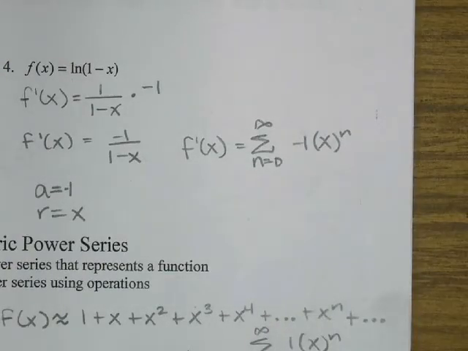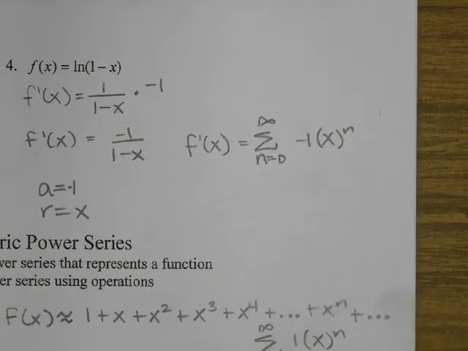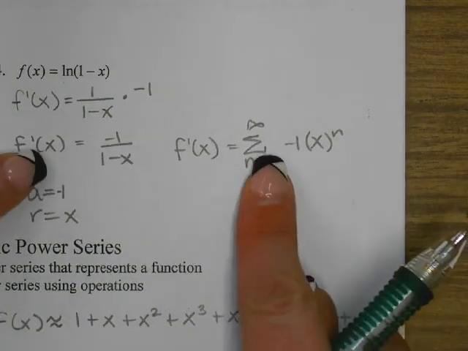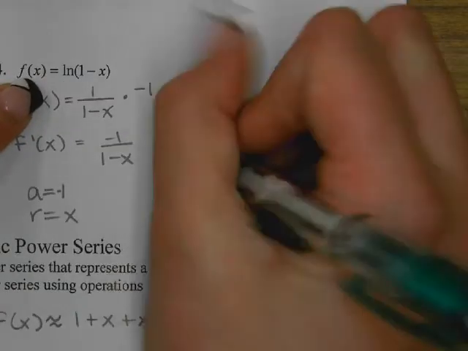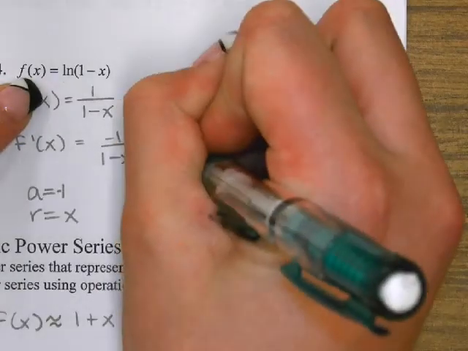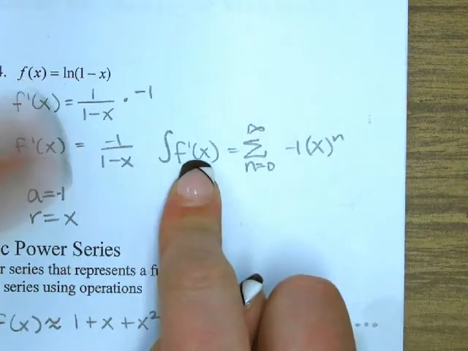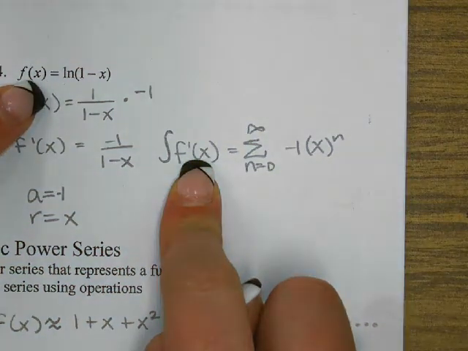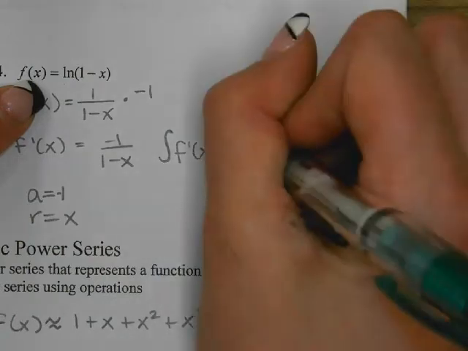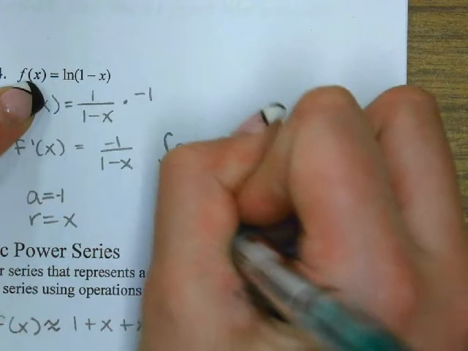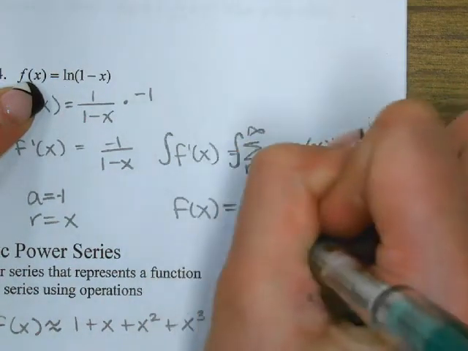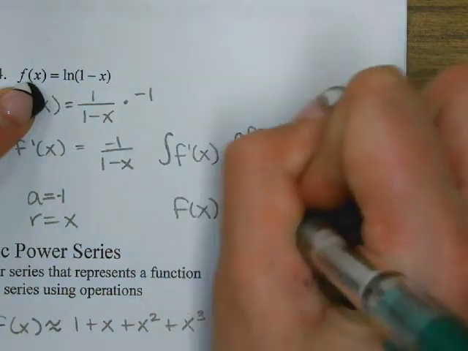All right? So if I want to figure out what power series would represent the original f of x and not the derivative, then I'm just going to say, well, if I integrate, then I get from the derivative back to the original function. So if I integrate this side, I'll know what power series represents f of x.